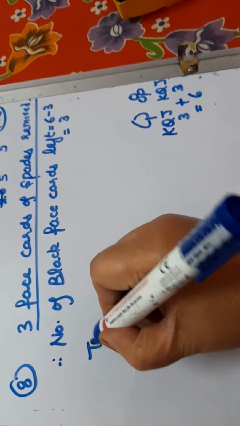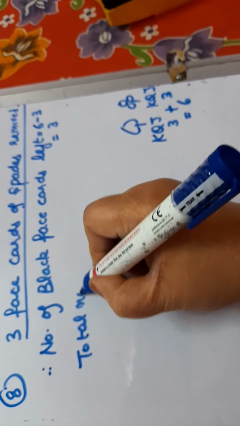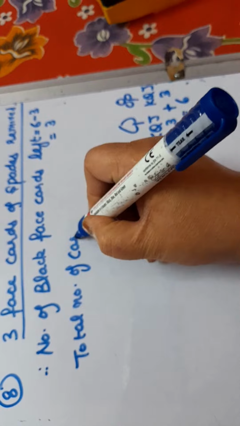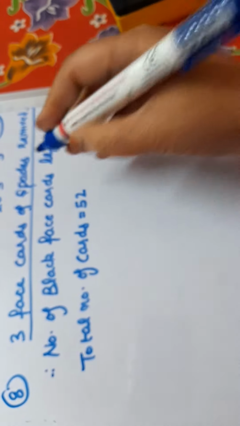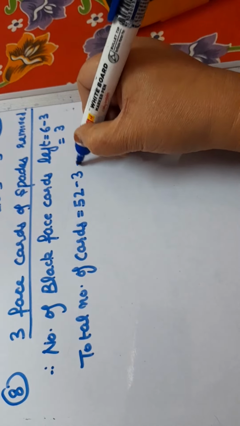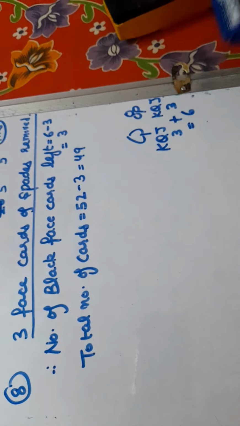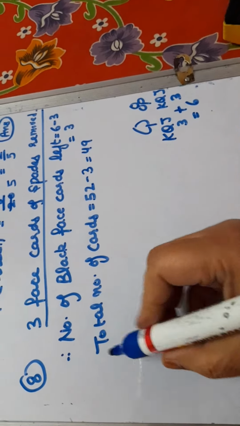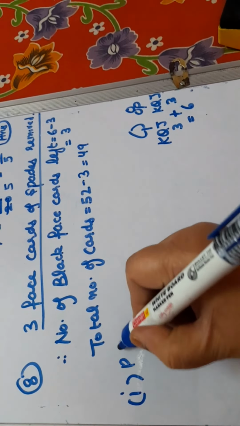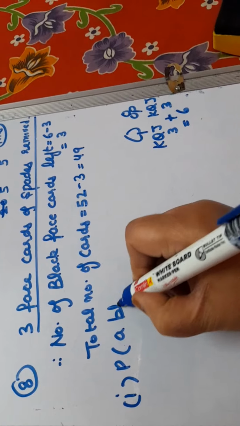Now we will find the total number of cards. As we know, there are total 52 cards in a deck, but 3 cards have been removed. So remaining cards will be 52 minus 3, that is 49 for this experiment. Now we will find the probability of a black face card.